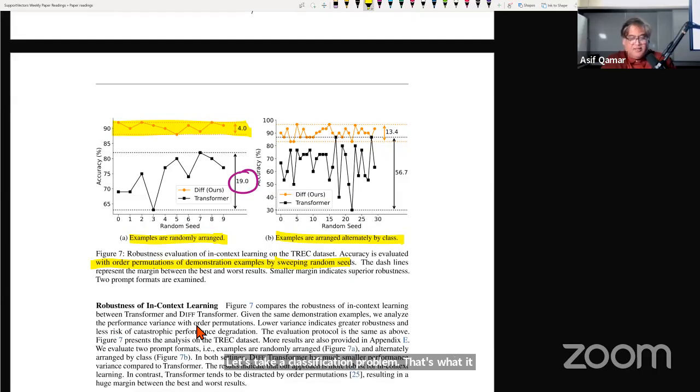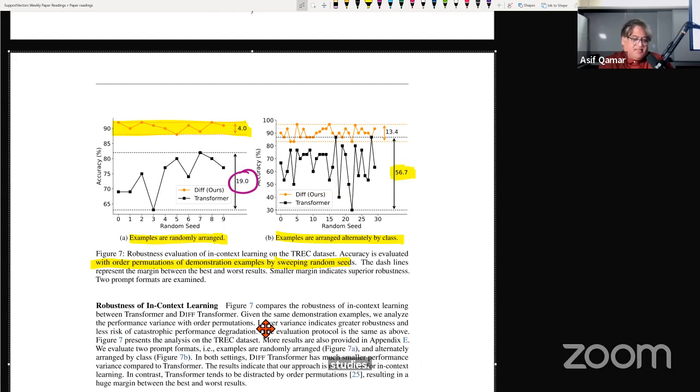When you do that, once again, you notice that in those situations, the traditional transformer does horribly. It's a bit of a known thing that when you interleave it like that, the performance of the transformer now goes, there's a 56-point variation between the best and the worst performing order. And this also suffers, actually.